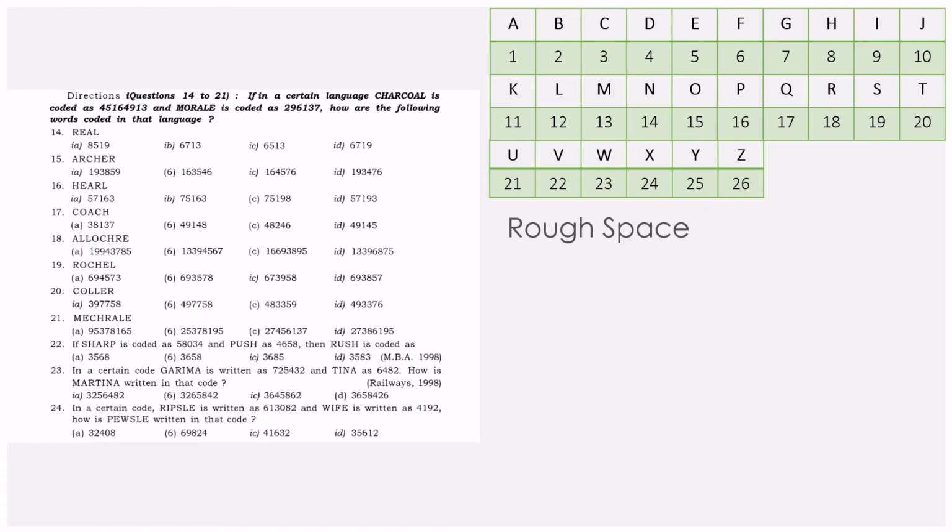So the first thing is they gave charcoal. The code for charcoal is 451649113, and the code for morale is 296137. So we have the codes written over here, and we can solve the rest easily.